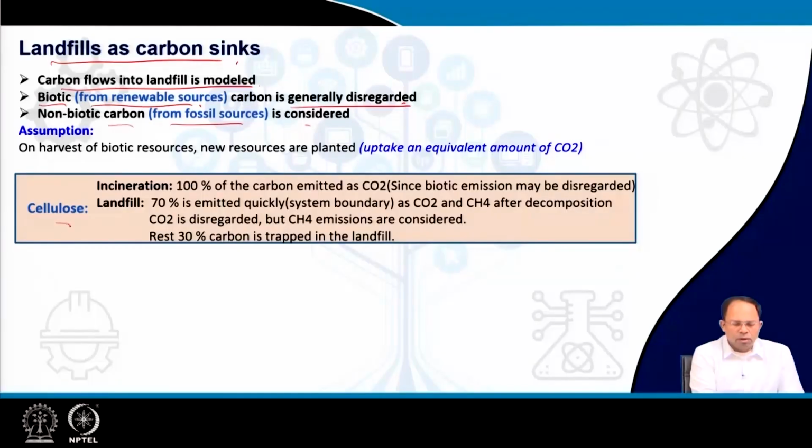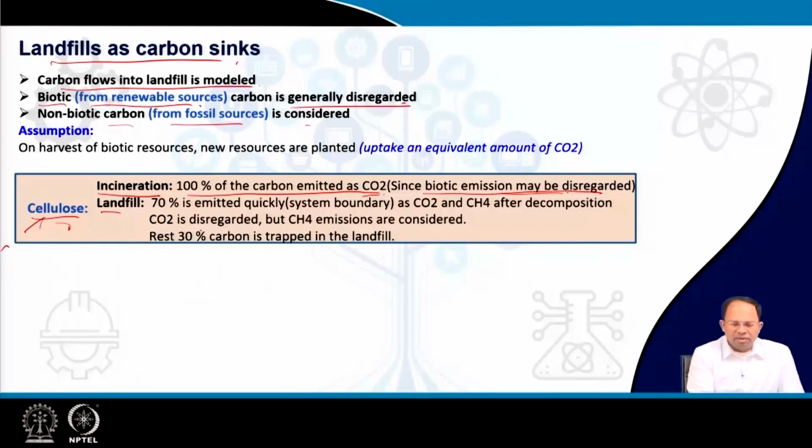In the case of cellulose, when I compare incineration and landfill, 100% of carbon is emitted as CO2 in incineration. Since it is biotic emission, this is disregarded. When I burn cellulose, which is organic matter, CO2 will be released, but we don't consider it as an impact.